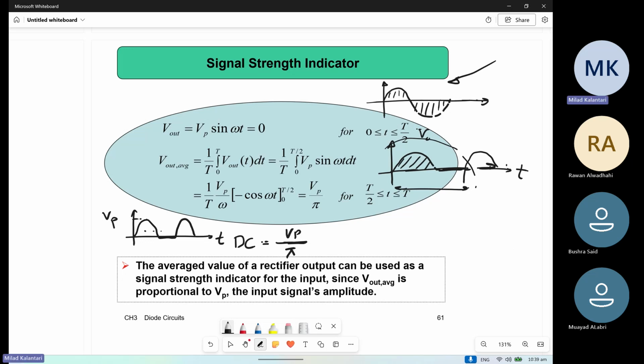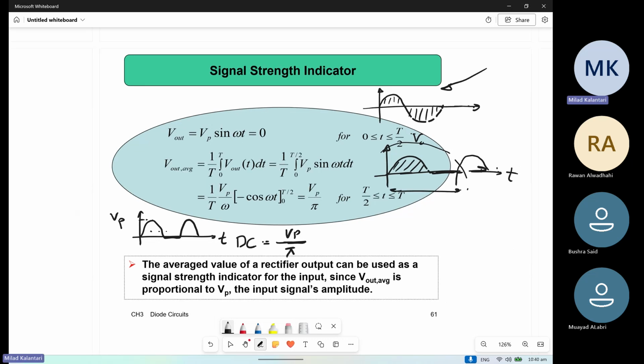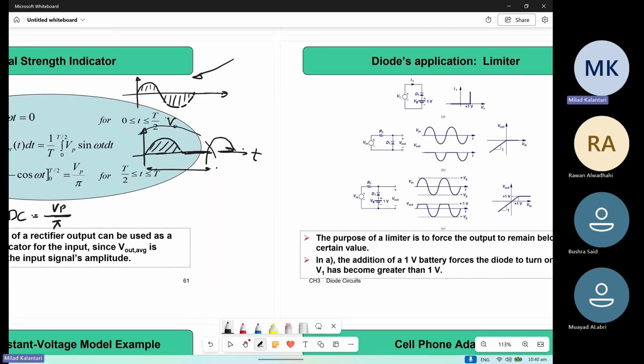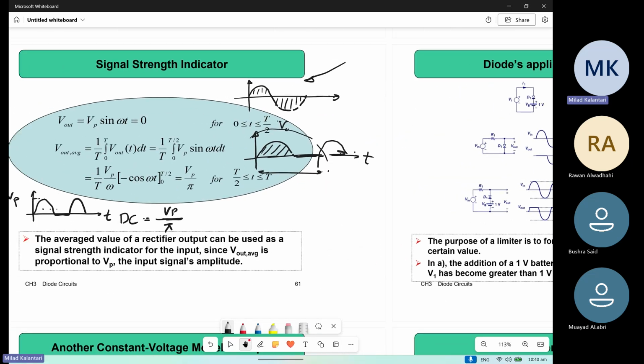So this is important for you to always remember. For a rectified sinusoidal signal, the half wave, the DC component of the output is the peak amplitude divided by pi. Keep this always in your mind, because we will come back to it later. In many situations, this will appear.